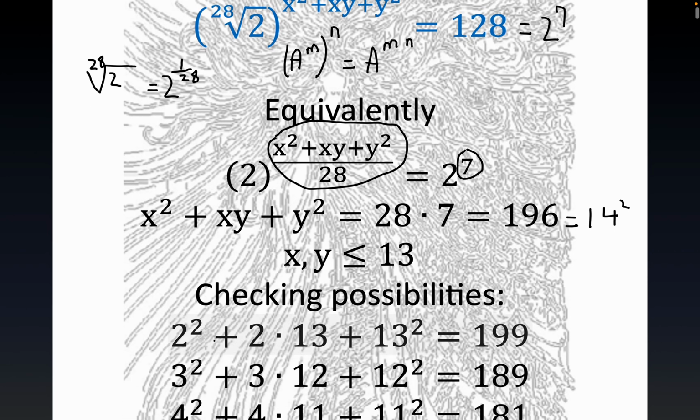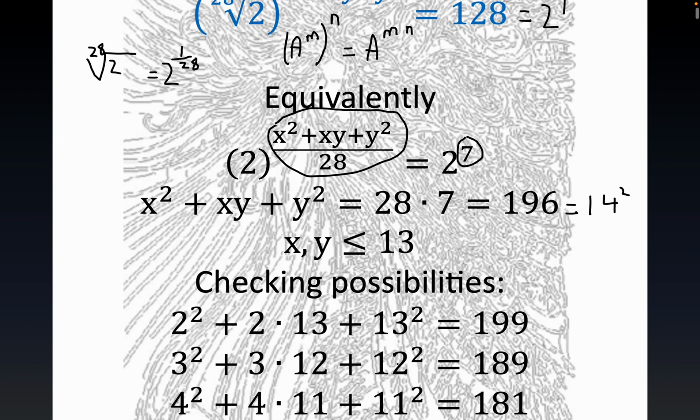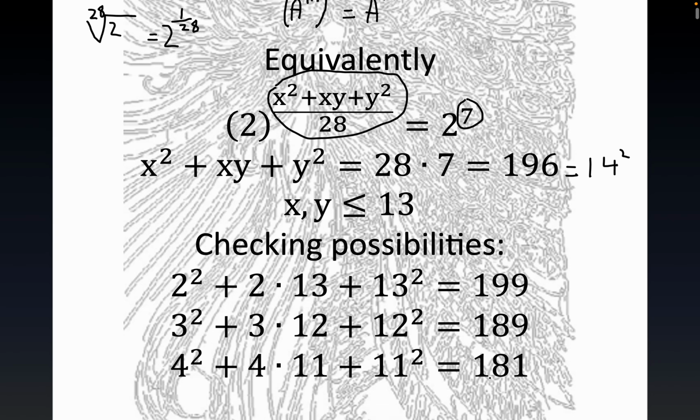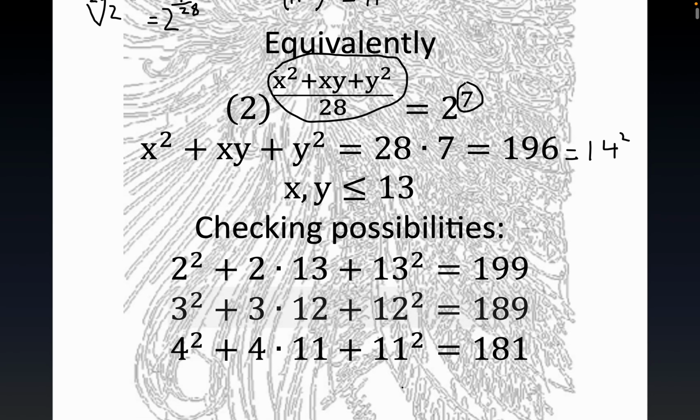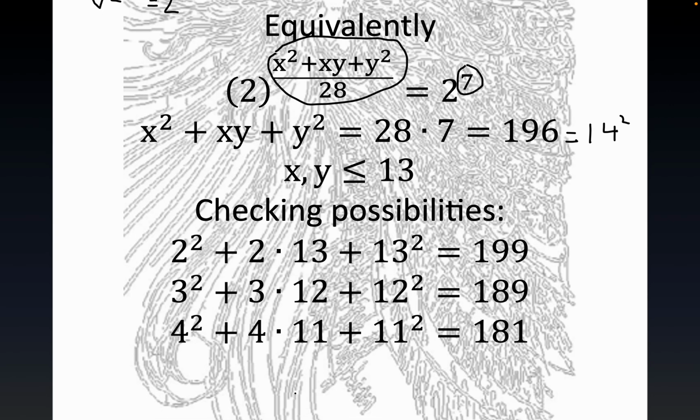I tried x equals 2, y equals 13. I got 199. I tried x equals 3, y equals 12. I got 189. And so on. I don't want to go through every bit of the discovery with you, but we got fairly close up in here, right? But now you can see we're starting to decrease a little bit. Not that that really means much.